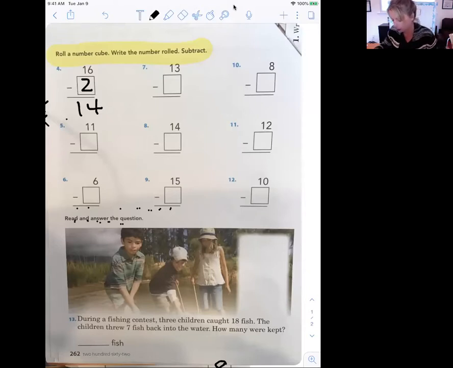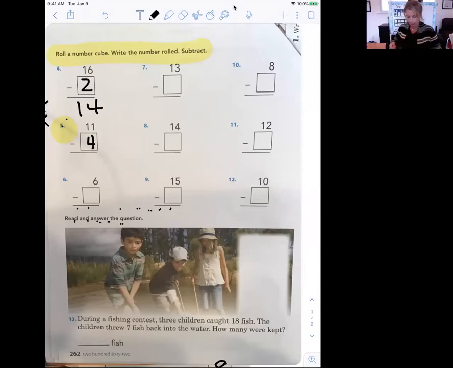Now we're on number 5, which is right below it, guys. 11, I'm going to roll my dice. Take away, what number is that? 4. So remember, guys, it's right underneath. 11, take away 4.